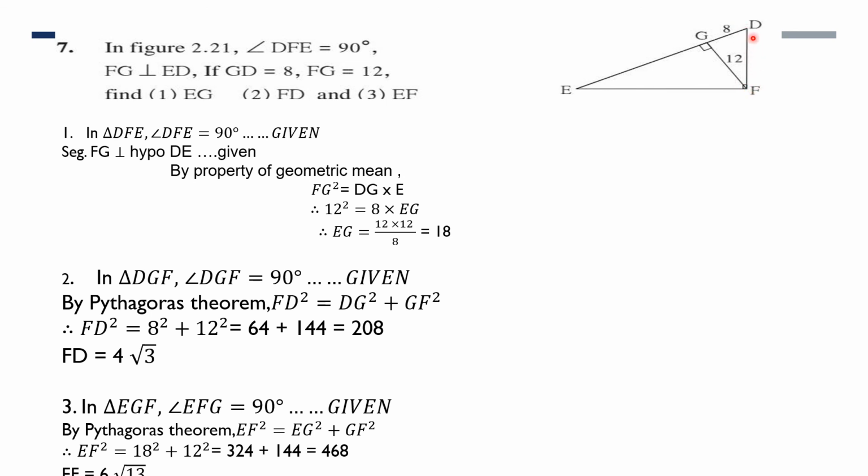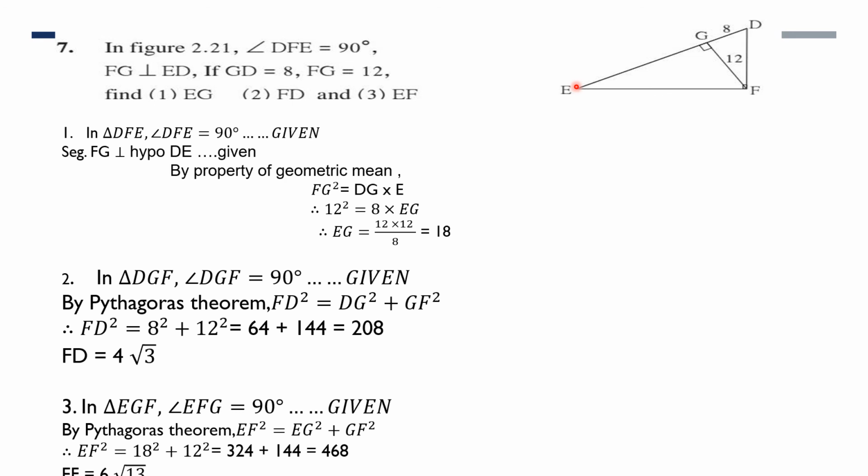Again here, this is the hypotenuse of the right angle triangle, and from this right angle GF is the perpendicular which is drawn to this hypotenuse. Then here we can apply the property of geometric mean and can find the value of EG.